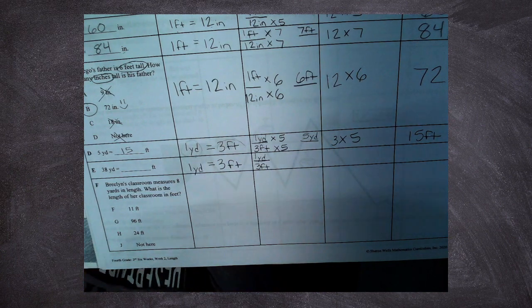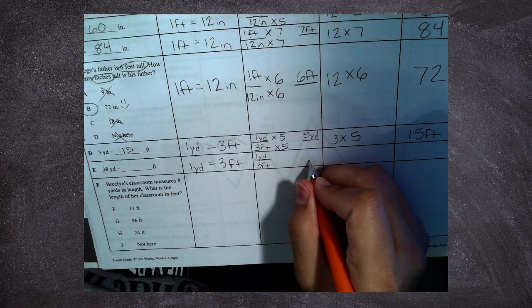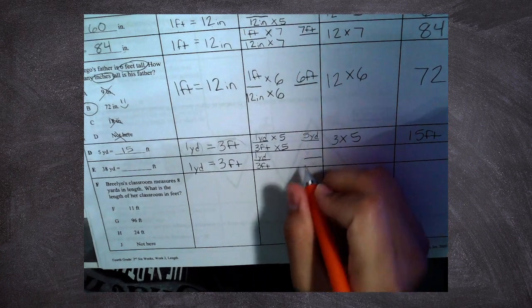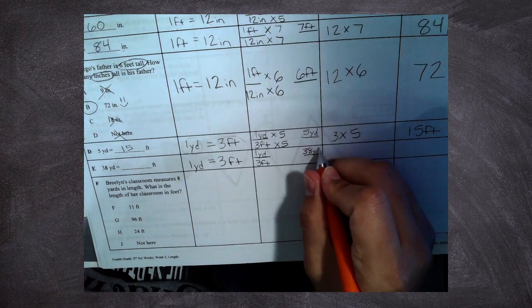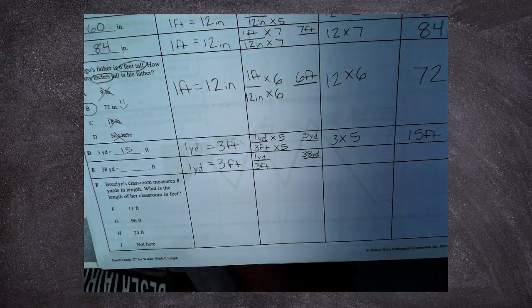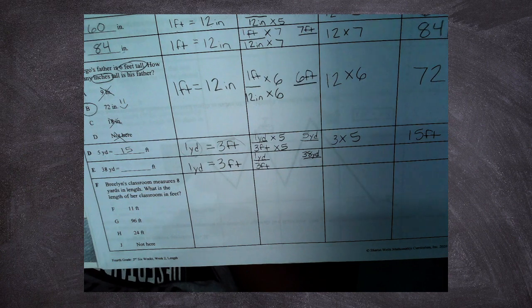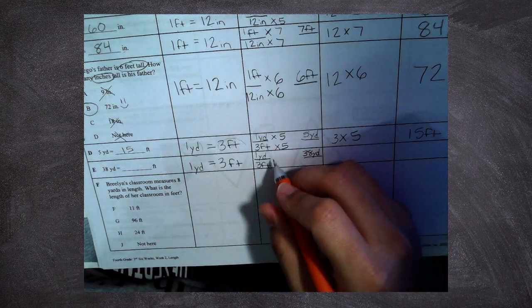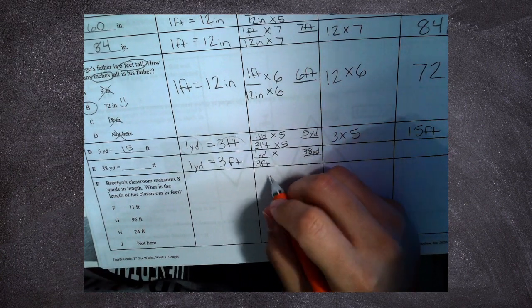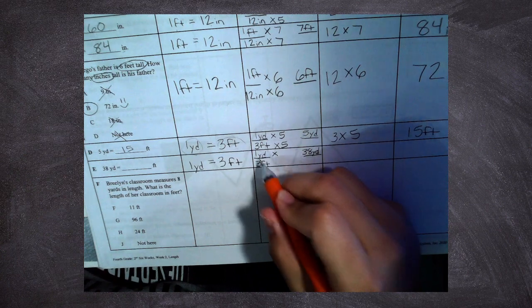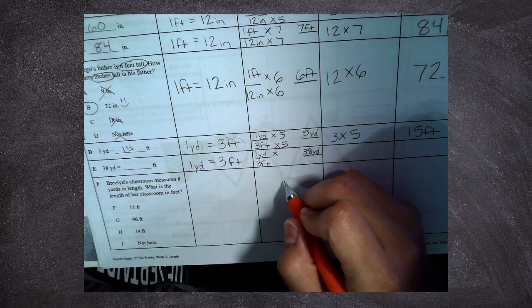And on the other side, I'm going to write down what they told me. They don't just have 1 yard. They have 38 yards. So what can I do to change 1 yard to 38 yards?